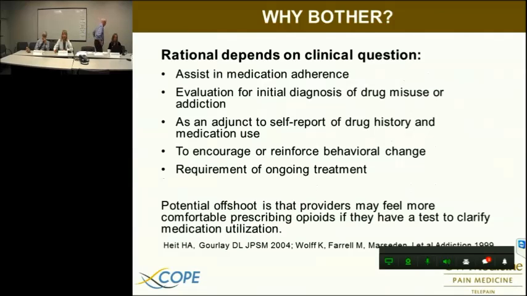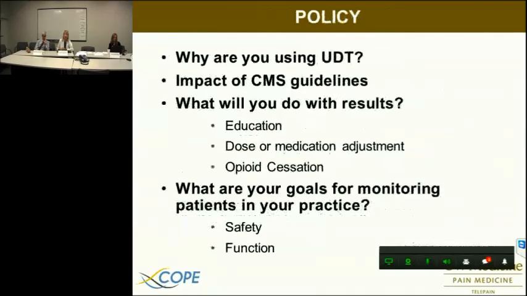It's an adjunct to self-report, and it's not a replacement, but it is an adjunct, and we should still be talking to our patients. We want to reinforce behavioral change, and it's a requirement of ongoing treatment in virtually every clinic that prescribes opioids and for all the national organizations. And a potential offshoot is, as providers, and we do like our lab tests, there is now a test, and we have data that we can put into our notes.